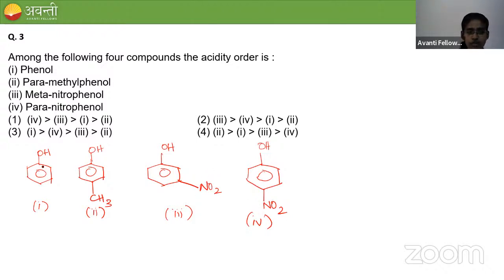So in case of phenol, we have only OH group attached to the ring and no other substituents are there. And in case of second compound, methyl group is attached. So methyl group is electron releasing group. It is an electron donating group. Okay. And what about NO2 group? Is it electron donating or electron withdrawing?